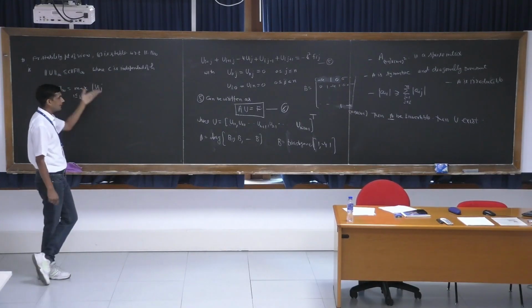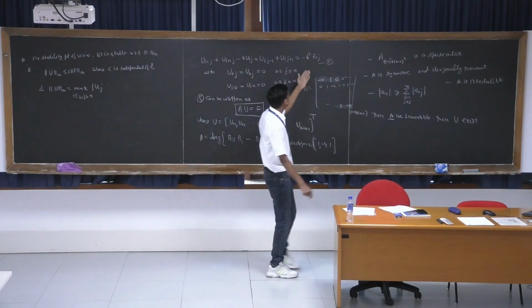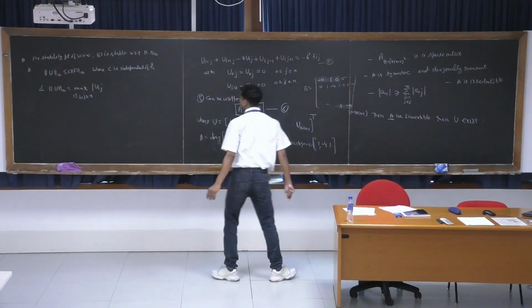C is a constant here, independent of h, and F is a known thing, so obviously this will be some finite quantity.